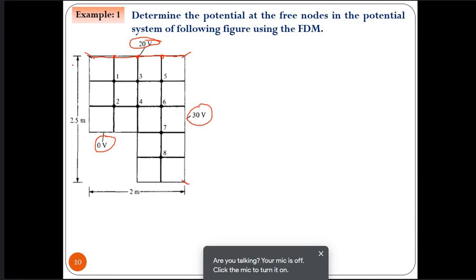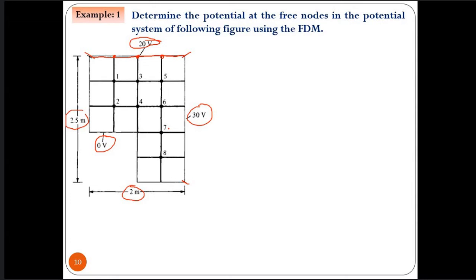The length along the y-axis is 2.5 meter. The length along the x-axis is 2 meter. Along the x-axis it is divided into 4 meshes, and along the y-axis there are 1, 2, 3, 4, 5 meshes.